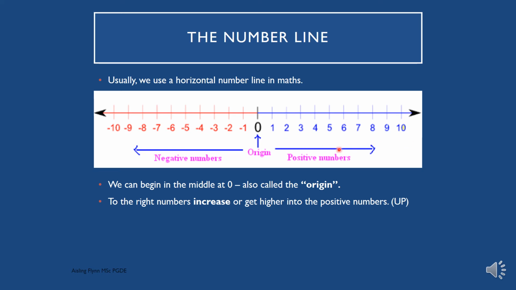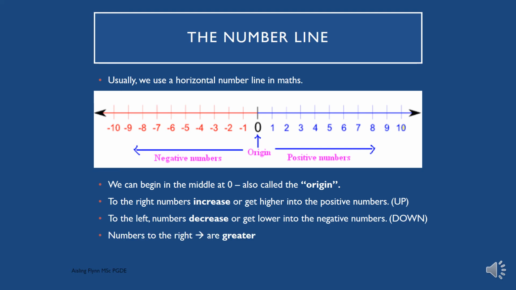So the numbers are going up, we say this way. Okay? To the left, numbers get smaller or get less. Okay? So numbers to the right are greater and numbers to the left are less.